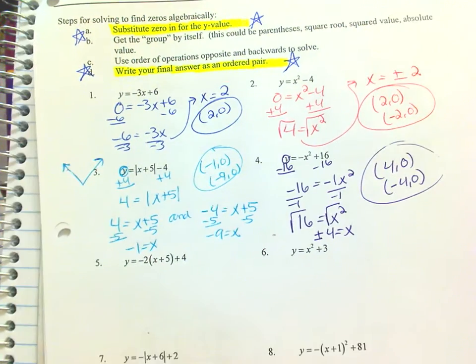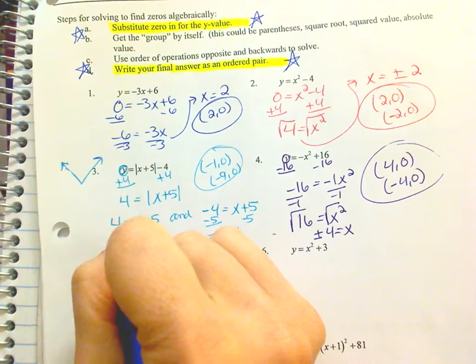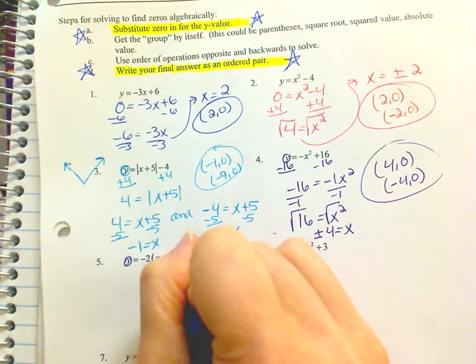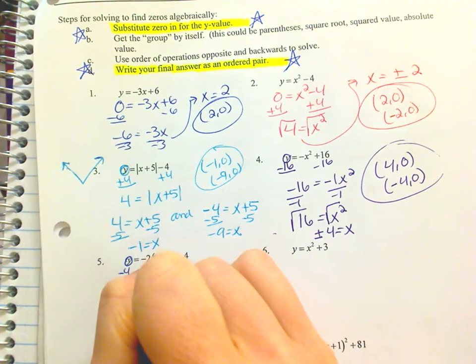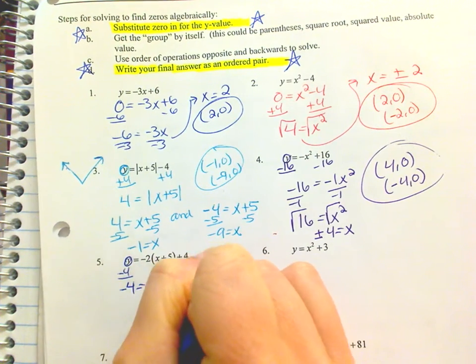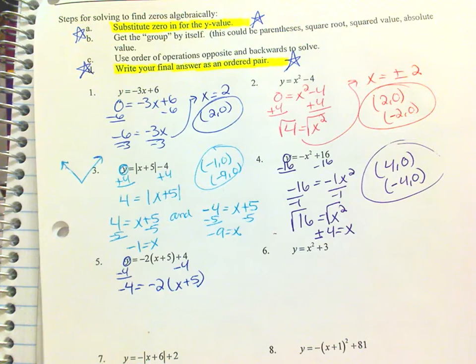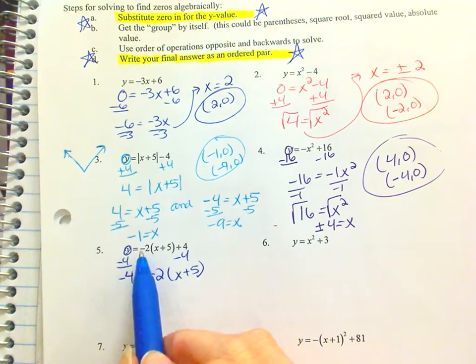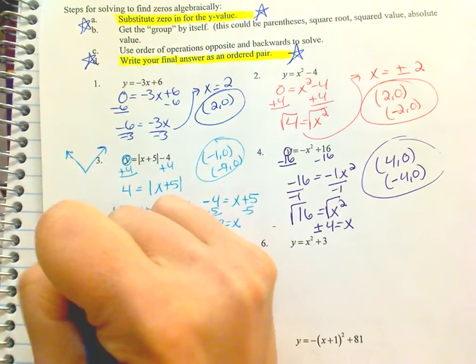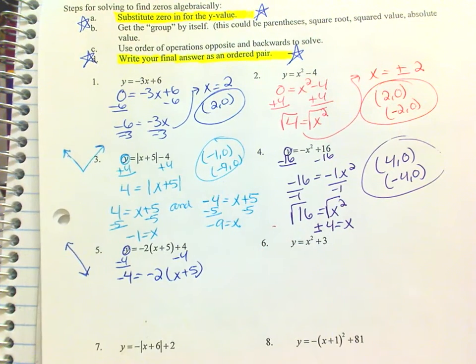Number 5, again, replace the y with a 0, move over the 4. Negative 4 equals negative 2 times x plus 5. This is a line, hopefully you realized. It has a slope of negative 2, so it's a downhill line. So at some point that will cross the x-axis, and it'll only cross it one time. From here you have options. You could divide by the negative 2.